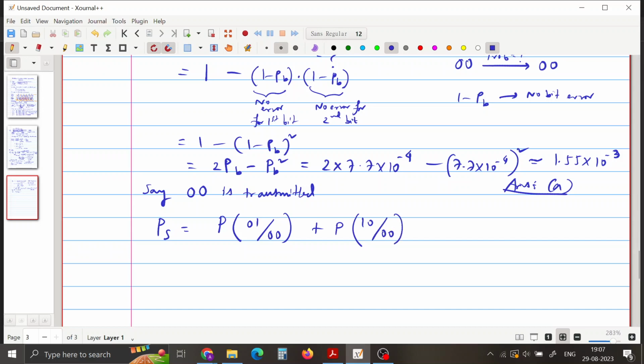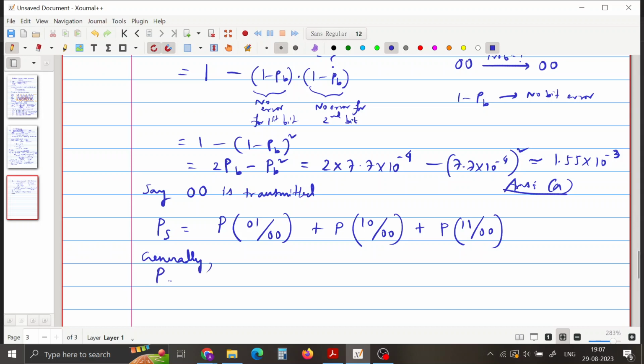So the first term means 0 1 is received given that 0 0 is transmitted. Similarly, the second term means 1 0 is received given 0 0 is transmitted, and so on. I chose this for when 0 0 is transmitted.